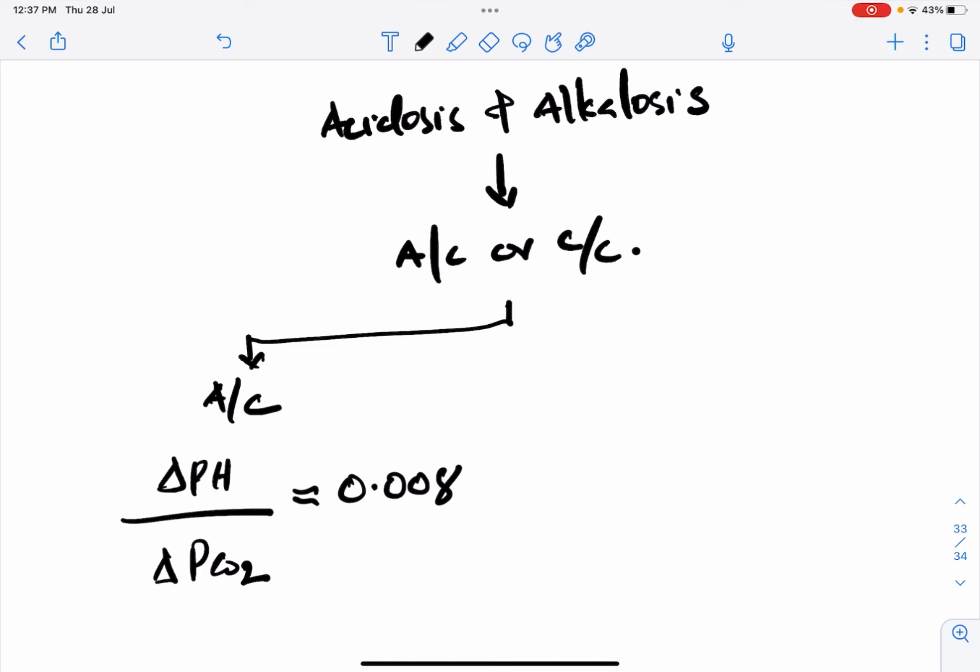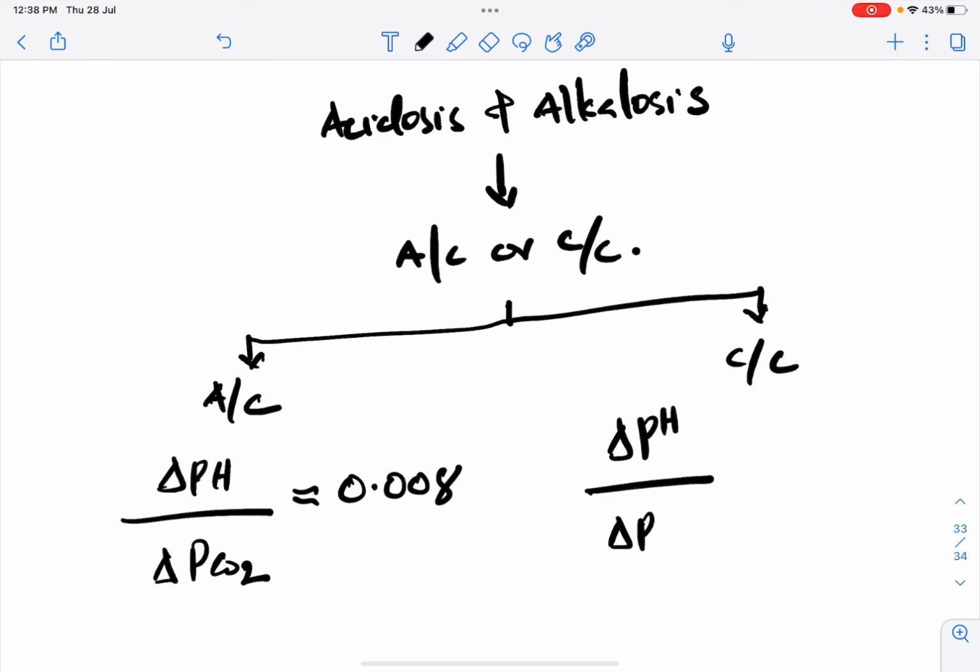We are just checking the change from the normal values. And for chronic conditions, the change in pH to change in PCO2, we are expecting a ratio in the range of 0.003.